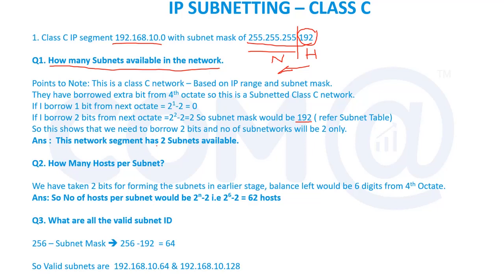How am I coming to the 2-subnet calculation? I come to know they borrowed 2 bits, and as per the subnet table, you have to refer to the subnet table. If I borrow 1 bit, it is 128. If I borrow 2 bits, it is 192. So since I'm borrowing 2 bits, the mask will be 192. So I'm concluding this network has 2 subnets.